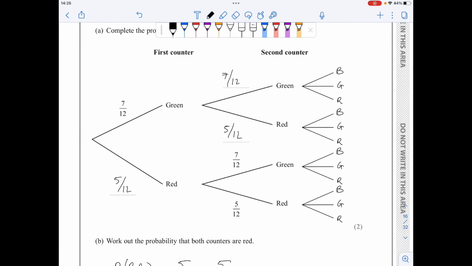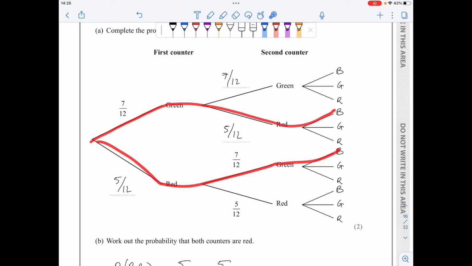And since 7 over 24 is the probability of the three counters having a different color, it means that since Hector doesn't have any blue counters, the blue one will come from Megan. So it's either going to be green, red, blue, or red, green, blue.